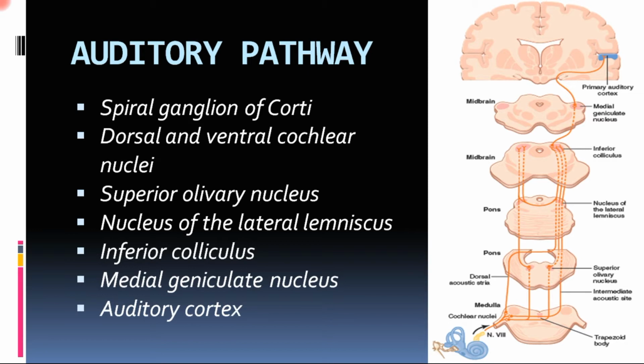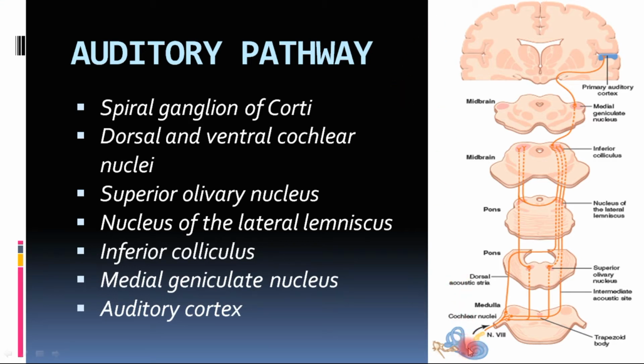Let us have a look at the auditory pathway itself, in this diagram depicting the auditory pathway. We spoke about the hair cells giving rise to the neurons, which come and form the spiral ganglion of Corti, present at the modiolus of the cochlea, and from there they form the cochlear nerve.